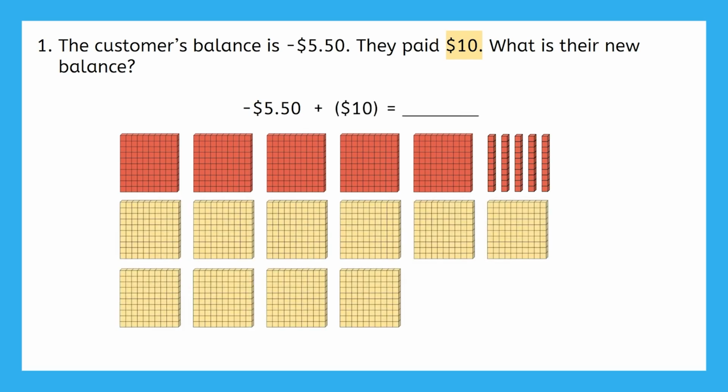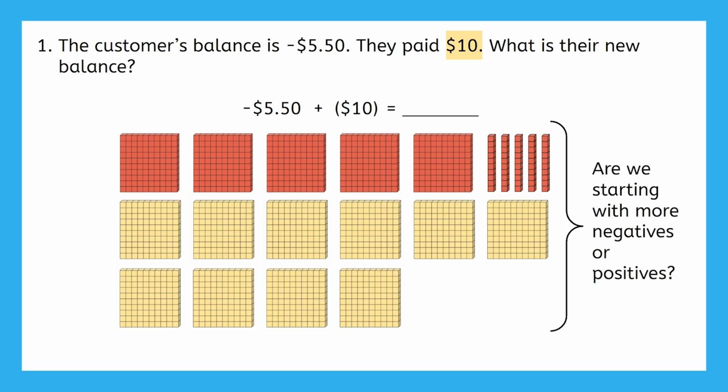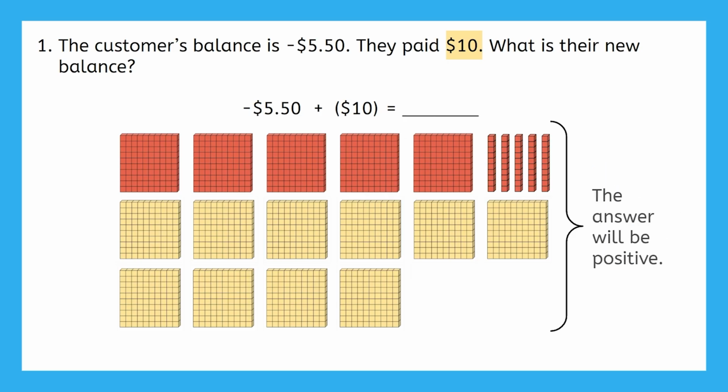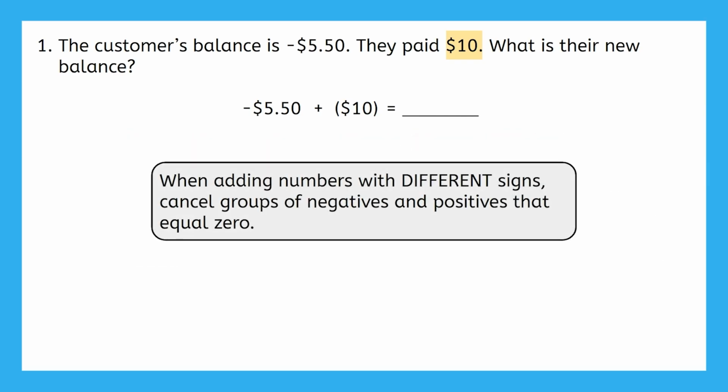This time we're adding a negative plus a positive. Will our answer be positive or negative? Well, think of this. Are we starting with more negatives or more positives? More positives, so the answer will be positive. When adding integers with different signs, we cancel groups of negatives and positives that equal 0. So let's do that with our model.